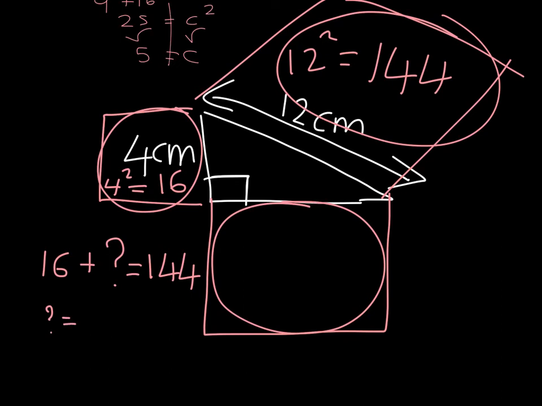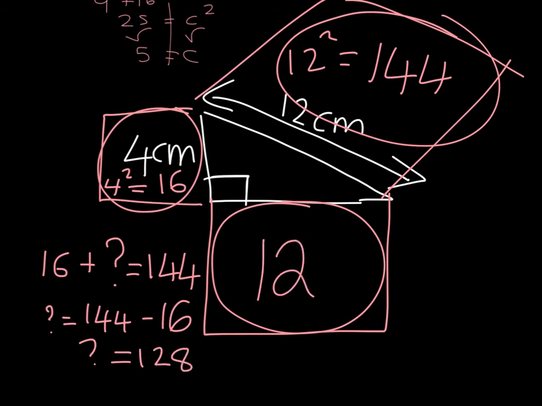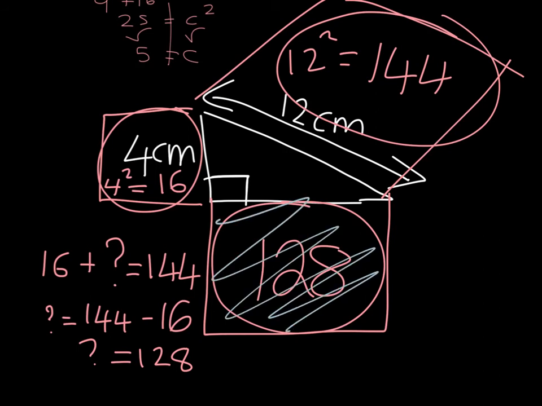It would be 144 minus 16. That would give you 128, so the question mark is 128, and that is the area of the second smaller square. So we can just double check it. 16 plus 128 makes 144, but that isn't the final answer because that is the area of that shape there.